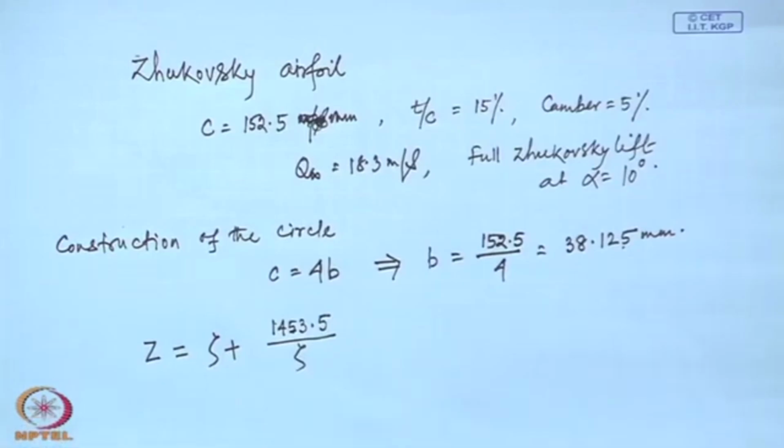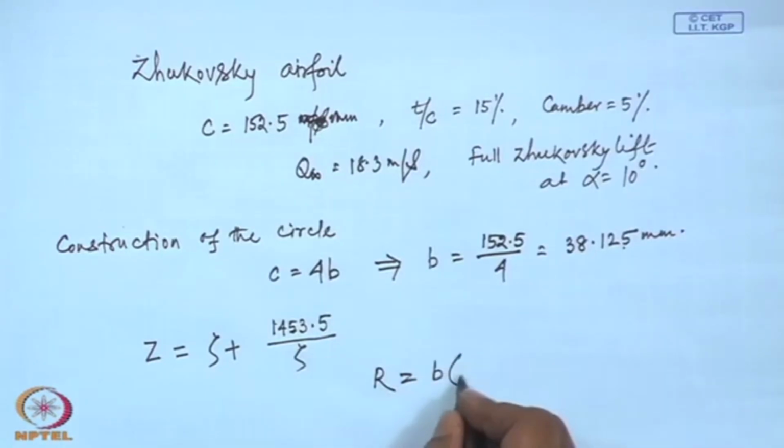What is the radius of the circle? R is related to b. R is b into 1 plus epsilon.